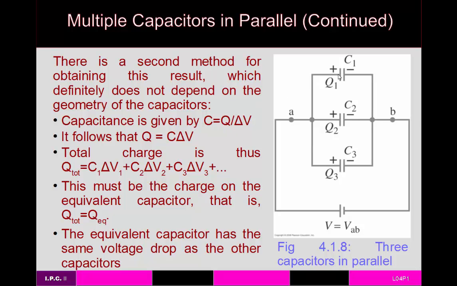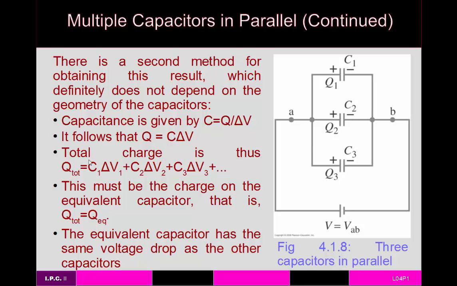So it's the charge stored on the capacitor divided by the voltage drop across the capacitor when the thing is fully charged that gives you the capacitance. So it follows that you can rearrange this equation by multiplying both sides by delta V to get that the stored charge is equal to the capacitance times the voltage drop.